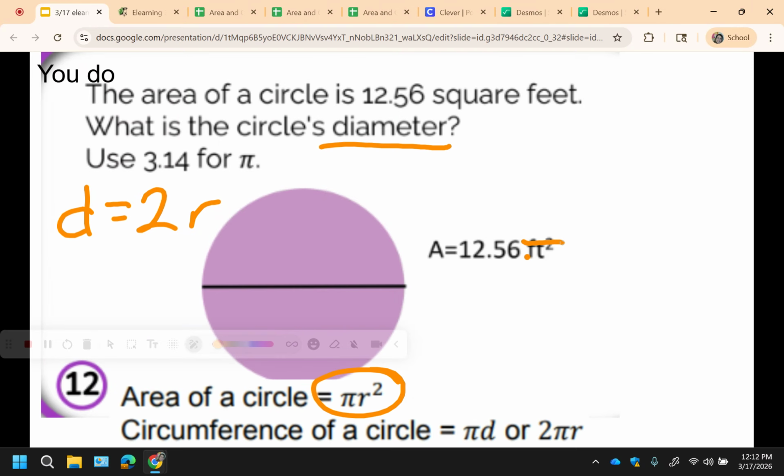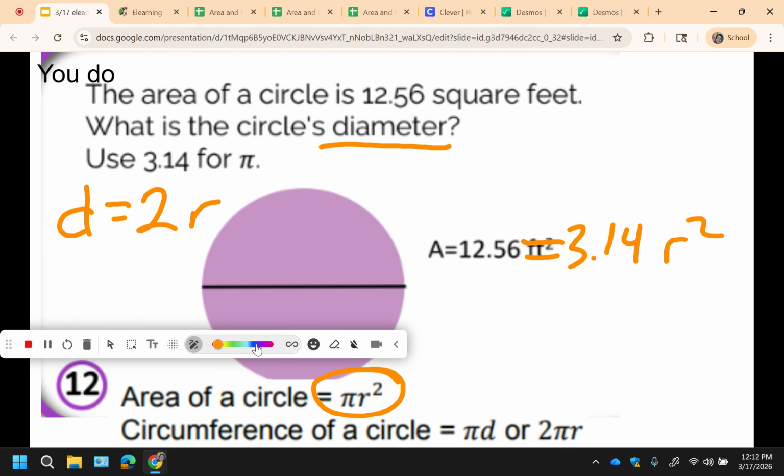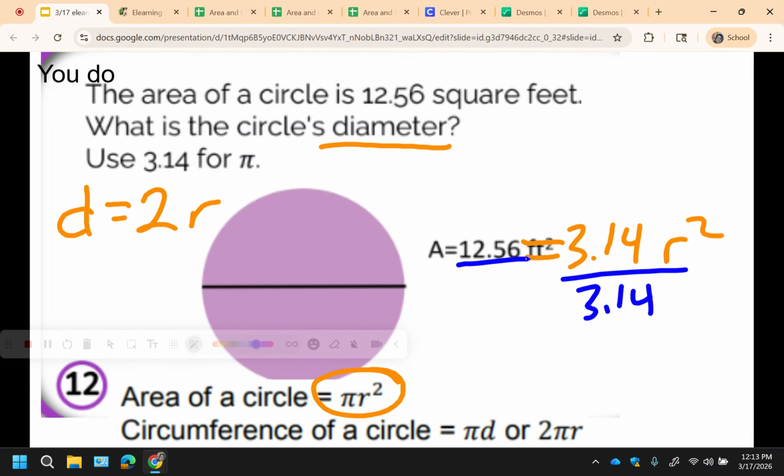So I'm going to set up my equation, and I'm going to use my 3.14. Okay. We know the opposite of multiplication is division. Okay. So that means 4 equals r squared.